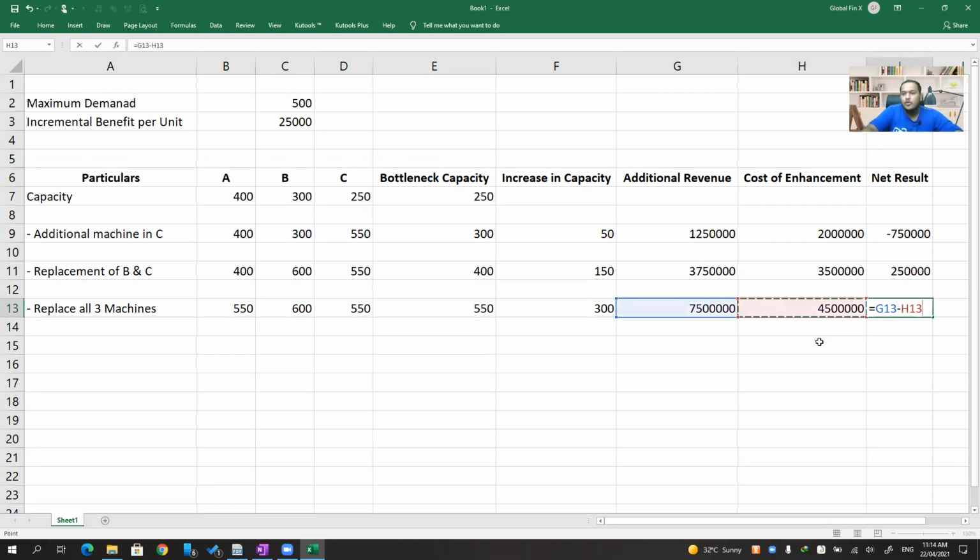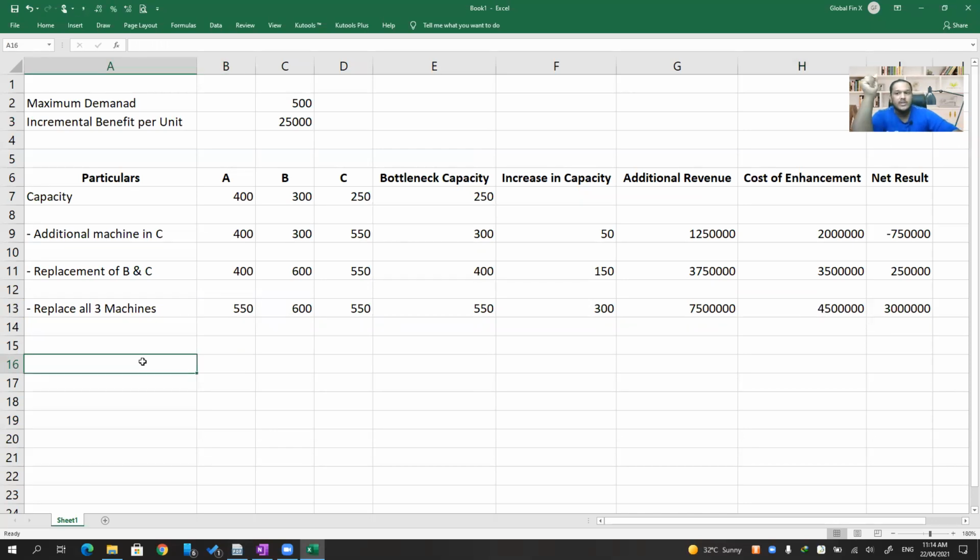So additional revenue would be $3 million. So it's better if we replace machine B and machine C if we don't have sufficient money. If we can spend 4.5 million, then replace all three machines. If you have only 3.5 million, replace B and C.